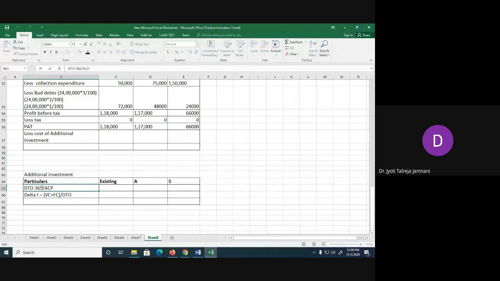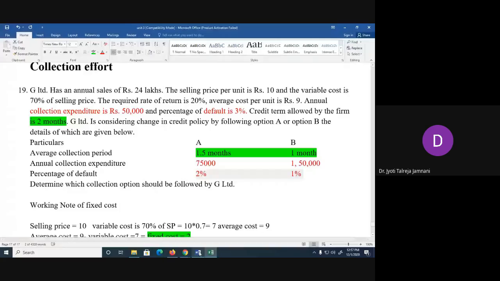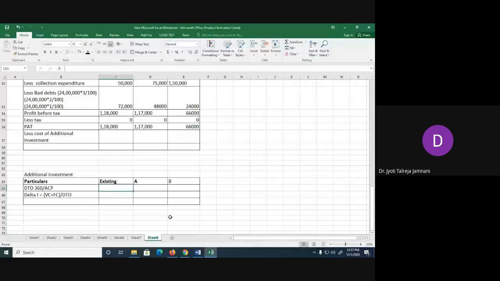Here they have not told us to consider 365 days in a year. So we take our original formula, 360 divided by average collection period. Average collection period is nothing but these 2 months, 1.5 months and 1 month. So 2 months means 360 divided by 60 days, since 1 month is 30 days. So we will get it as 6 times.